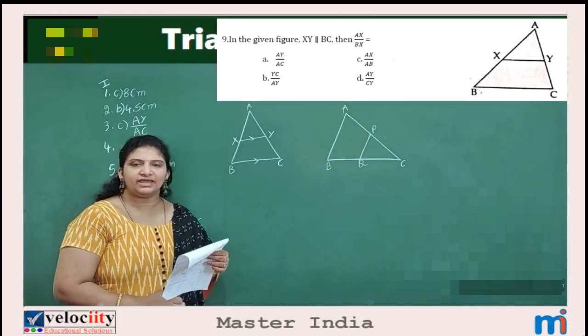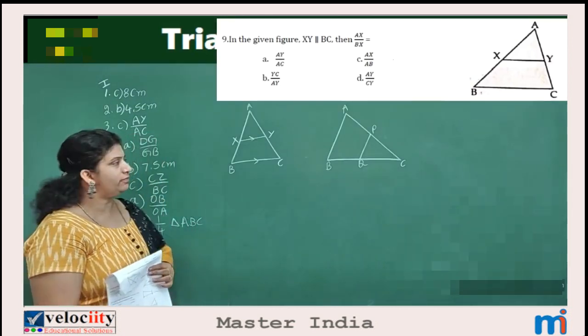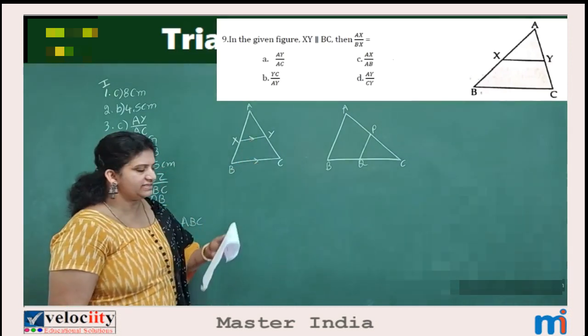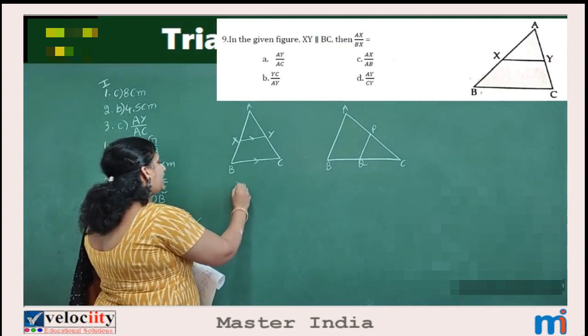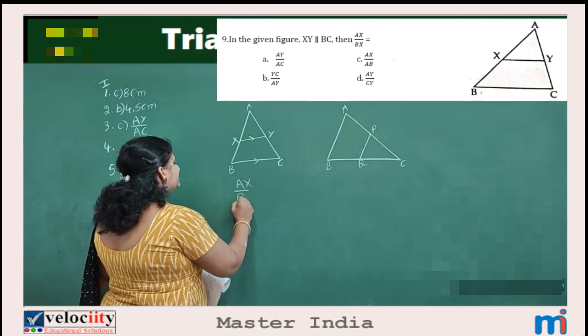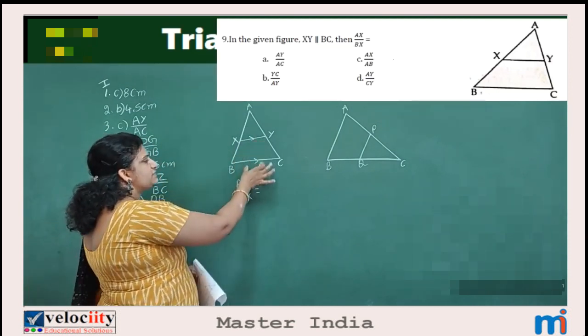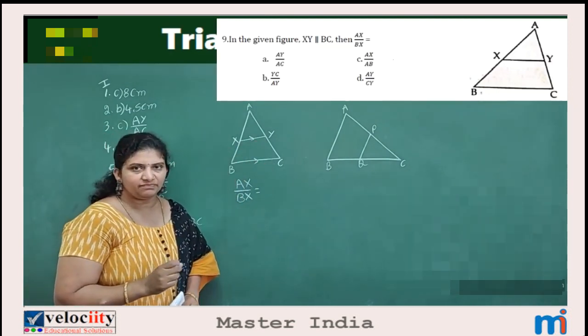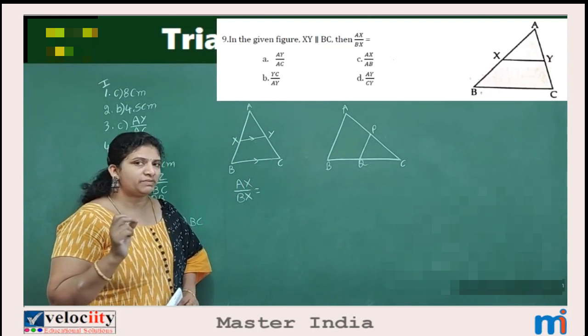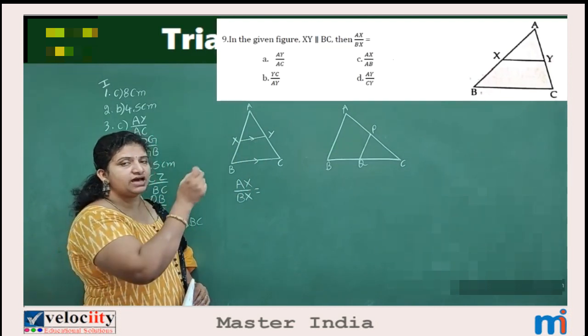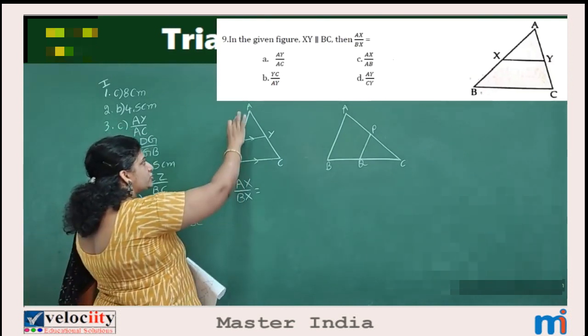Ninth one, in the given figure, XY parallel to BC. Observe the figure, XY parallel to BC, then AX by BX equal to. This is a direct question. If this line is parallel to BC, then I can remember the basic proportionality theorem. By BPT, what I can say? The ratios are in proportion. Which ratios?